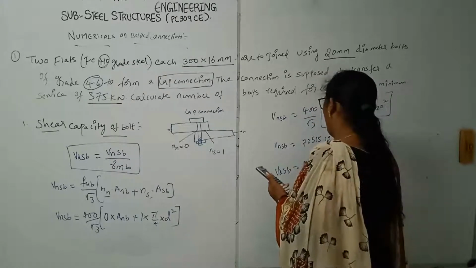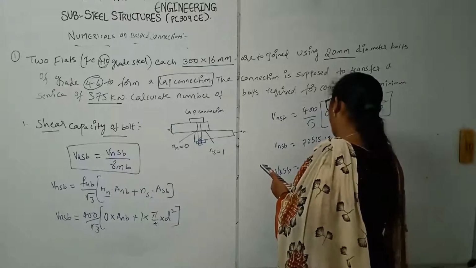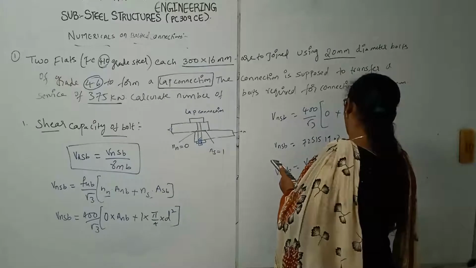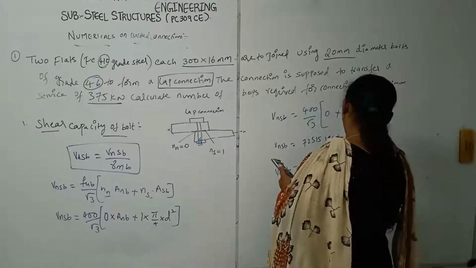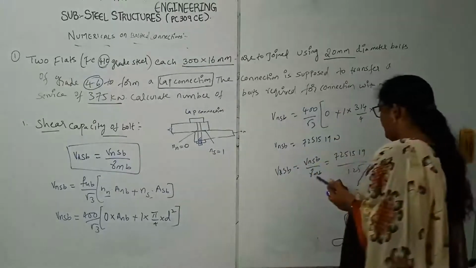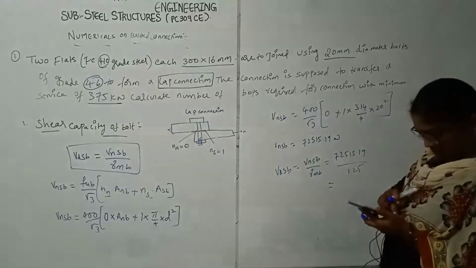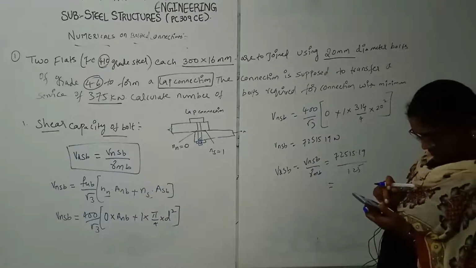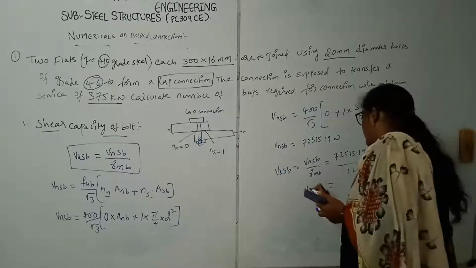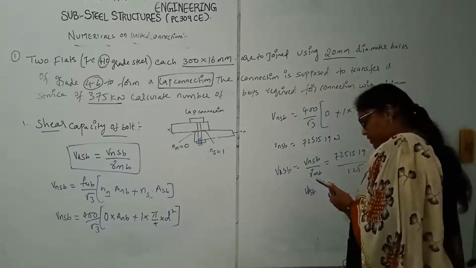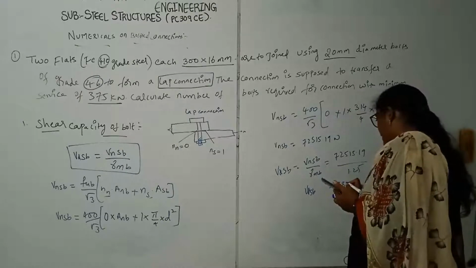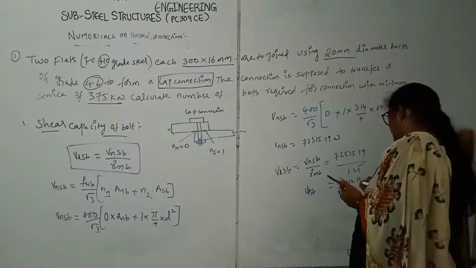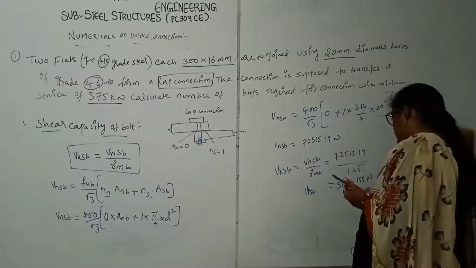Right here VDSB equal to VNSB by gamma MB. So here 72515.19 by 1.25 gives VDSB equal to 58012.115 newtons.